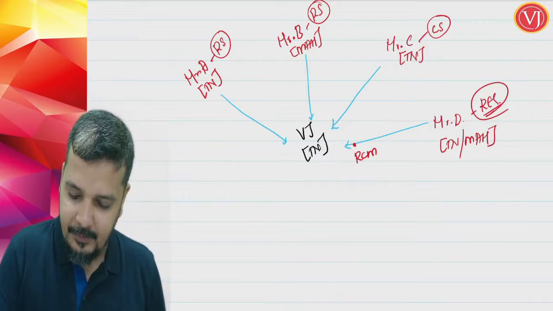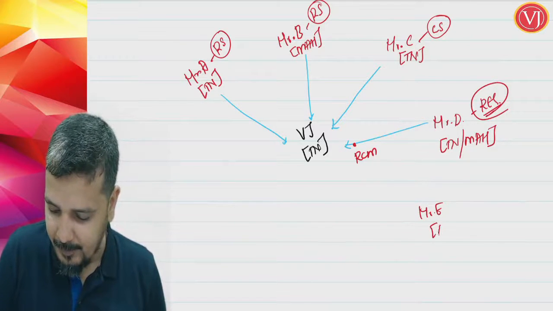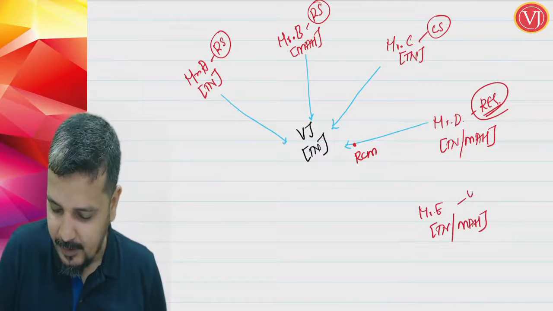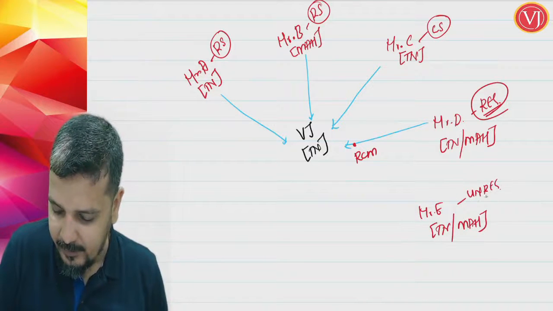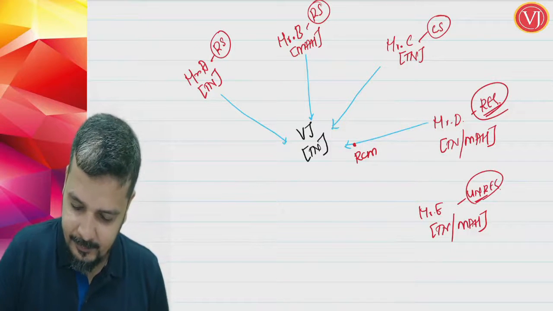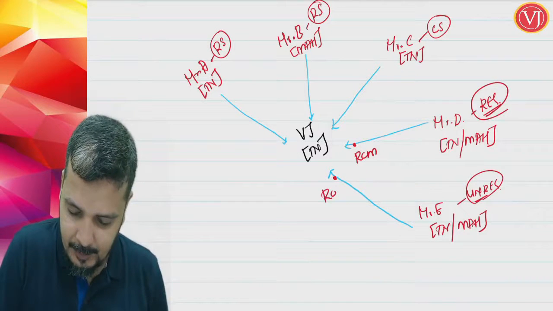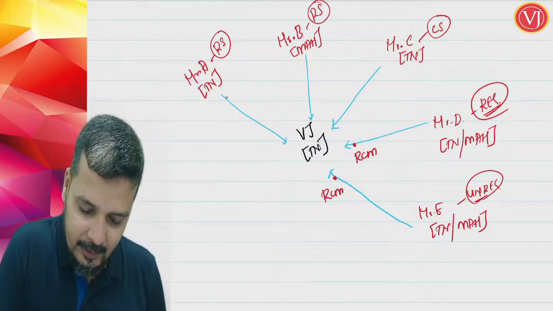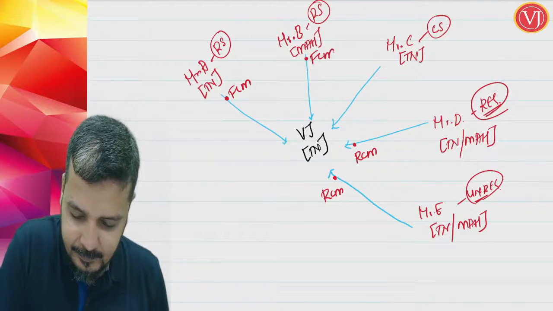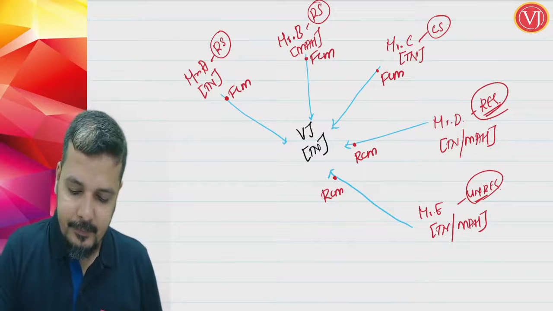I am purchasing from Mr. E, who may be there in say Tamil Nadu or Maharashtra, but he is unregistered, and this transaction is also attracting RCM. So to put it very clear, the initial 3 transactions were taxable under FCM.